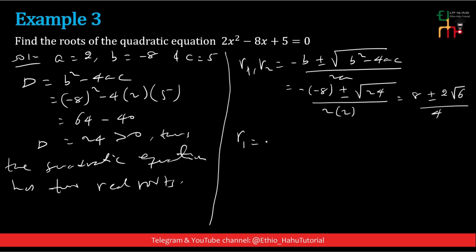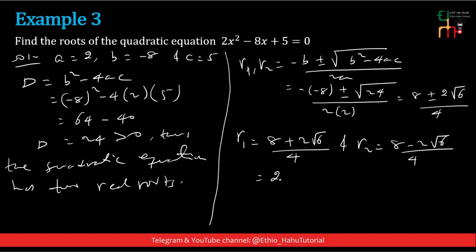r1 is equal to 8 plus 2 radical 6 over 4, and r2 is equal to 8 minus 2 radical 6 over 4. This is equal to 8 by 4, which is 2, plus 2 radical 6 over 4, which is 1 over 2 radical 6, and r2 is equal to simply 2 minus 1 over 2 radical 6.